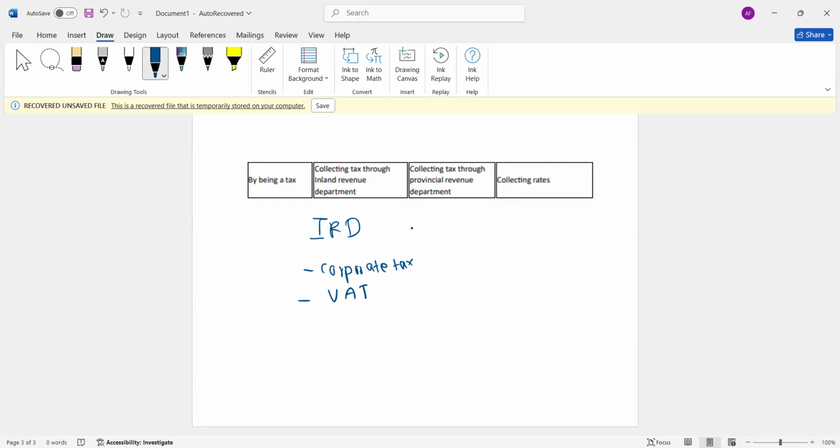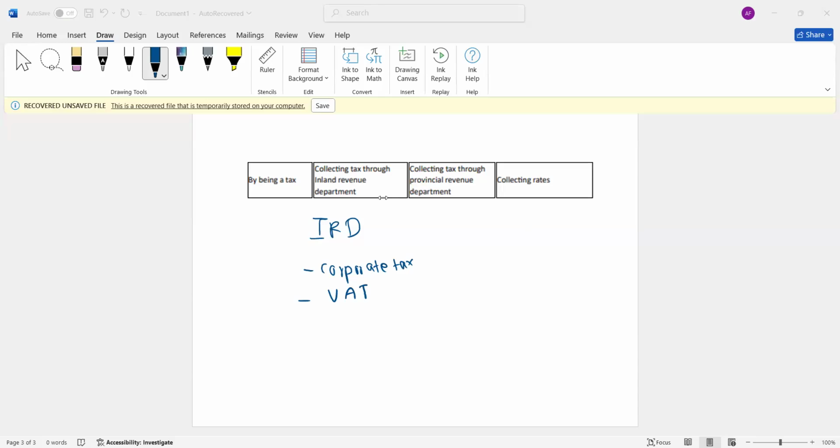And provincial council. We have the Western Provincial Revenue Department. Have you all heard these names? Western Provincial Revenue Department. IRD, Central Government.